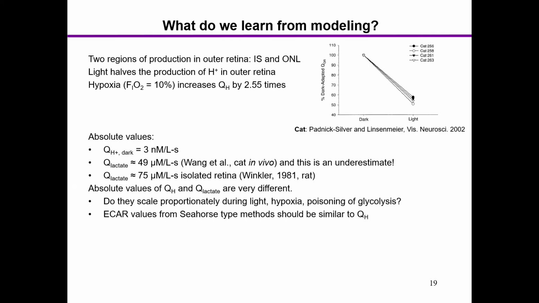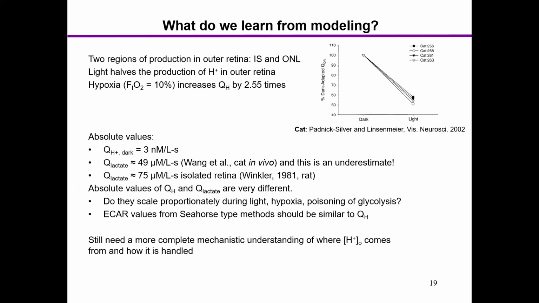So they're very comparable to what we get with our hydrogen ion production values. They should be kind of comparable to that, although the units there are so funny that I can't do the conversion, or I couldn't do the conversion yesterday when I was trying to work this out. Anyway, those ECAR values are not lactate production, and so we have to take them with at least one grain of salt, I think. There are other reasons why we might do that too.